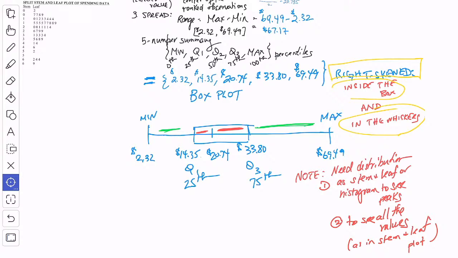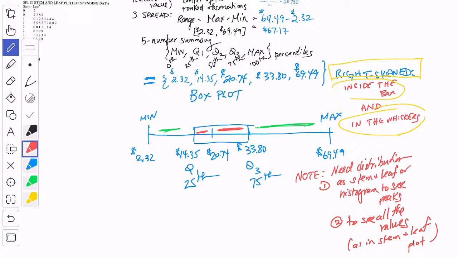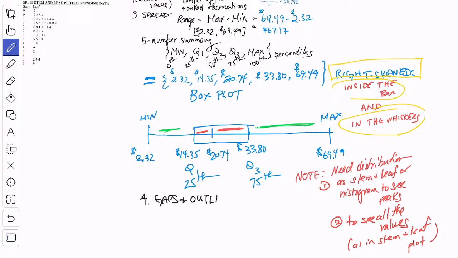The next feature, we're on to the next one unless you have any questions, are gaps and outliers. So let's use the 5-number summary box plot drawing to comment on gaps and outliers. Someone already mentioned to me that there's a gap. So we need to mention that gap.